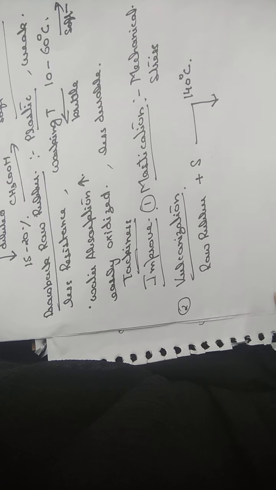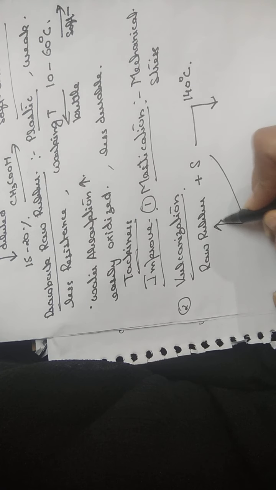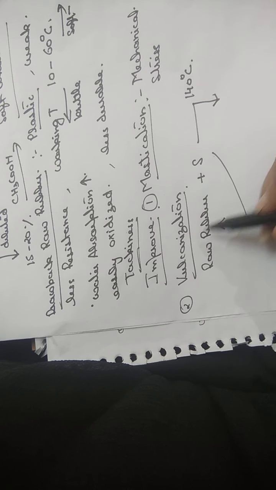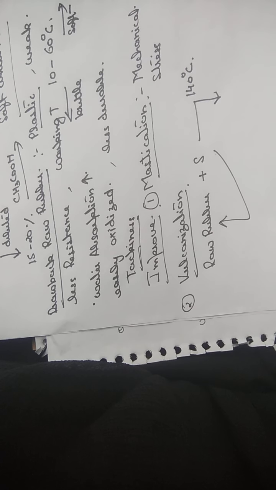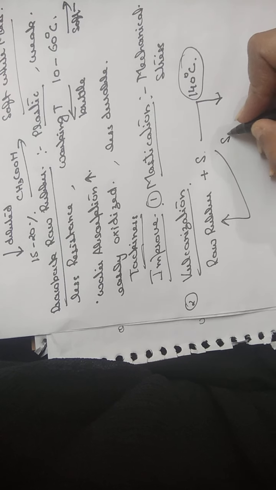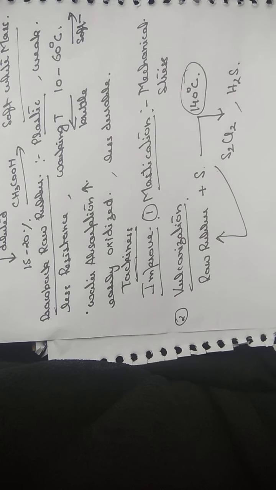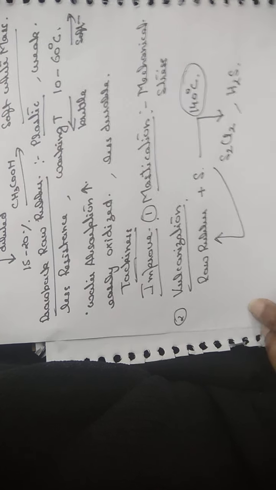Sulfur is incorporated into raw rubber. Wherever there are double bonds in the raw rubber, sulfur comes and attaches there. And it happens at a temperature of 140 degrees Celsius. Now in place of sulfur, we can also take sulfur monochloride, or the process can also take place in the presence of H2S. That is how vulcanization takes place.